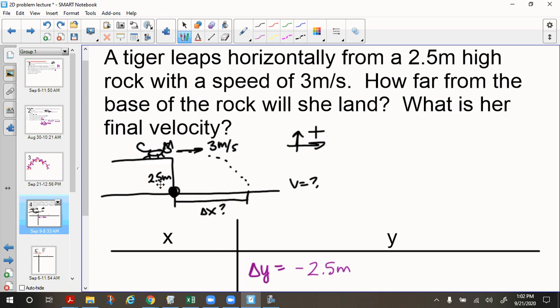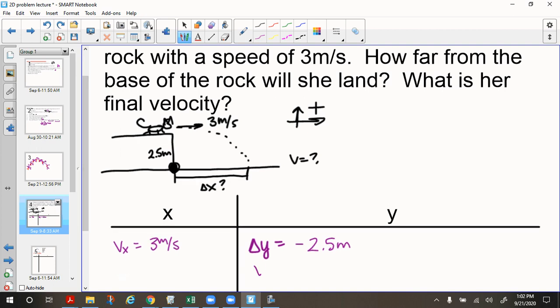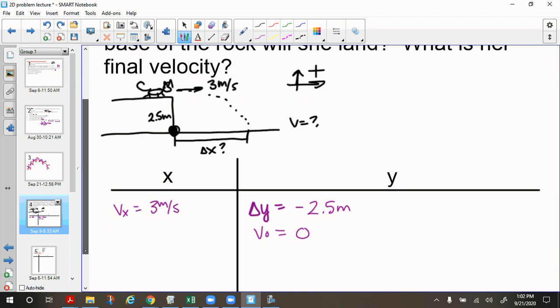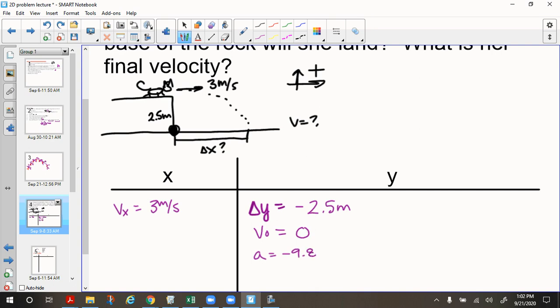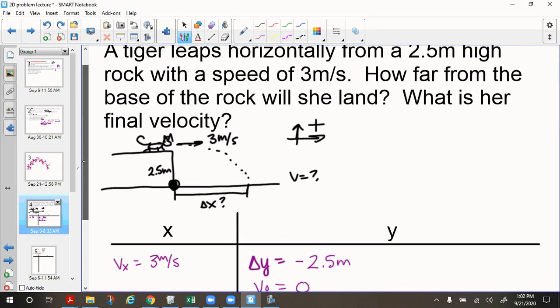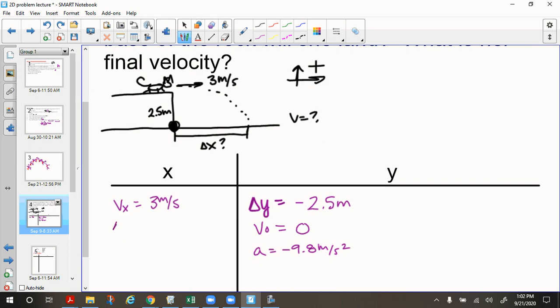Then the speed is in the x direction, so that's Vx, and that is equal to 3 meters per second. And then we know the initial velocity in the y direction is 0 because the tiger is leaping horizontally. And we know that the acceleration is negative 9.8 meters per second squared because the tiger is on Earth. So that is what we know. And we need to figure out how far from the base will she land, so delta x.